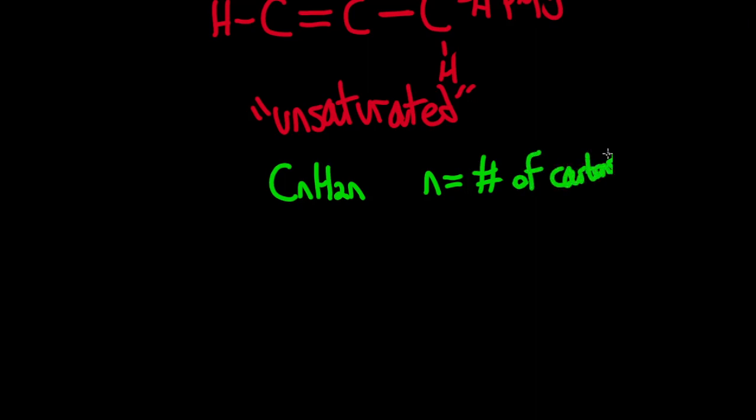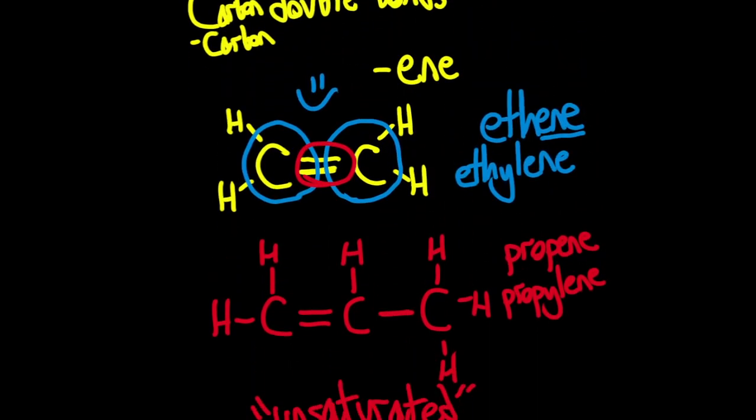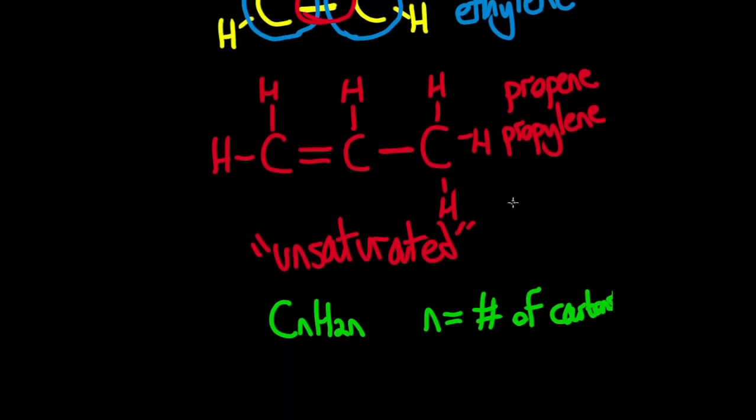So if I come back up here to ethene or ethylene, I have C2H2 times 2, and I end up with C2H4. And with propene, I have C3H2 times 3, and I get C3H6. Okay?